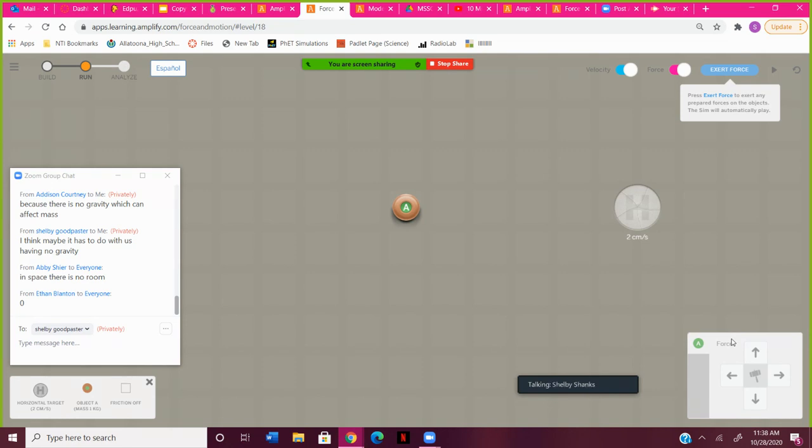All right, so I want to hit this target going to the right at 2 centimeters per second. So what I'm going to do is I'm going to kind of mess around with my arrows and see if this object goes into the target. All right, so I'm going to click this arrow 4 times. Let's see if it goes into the target.